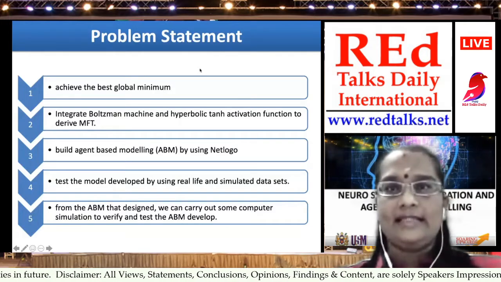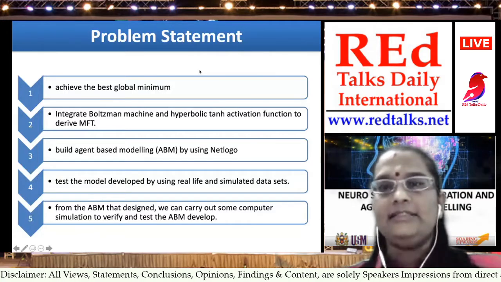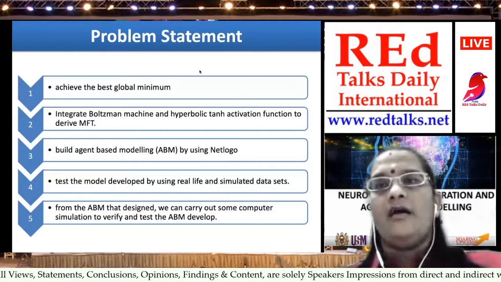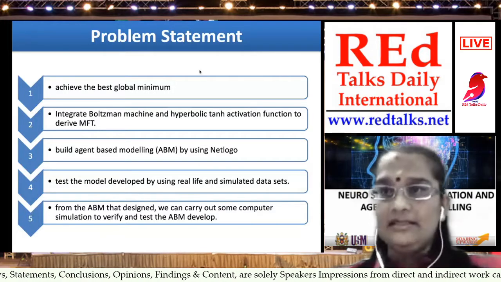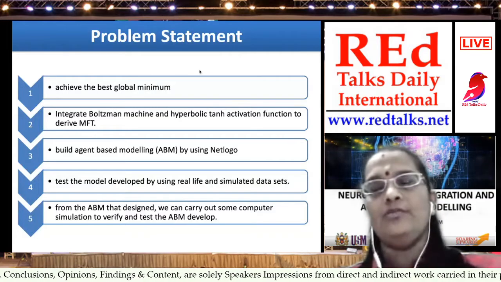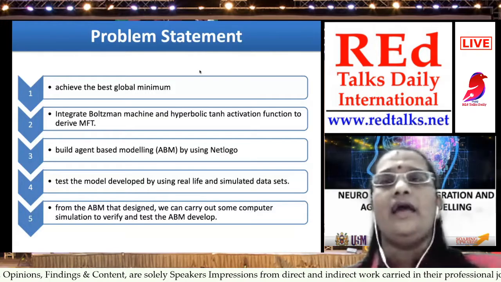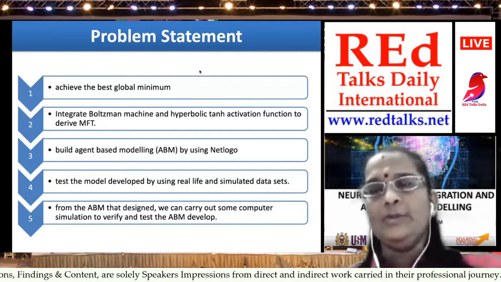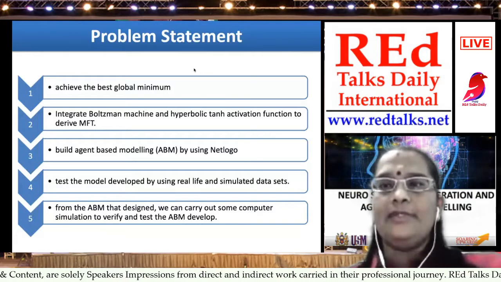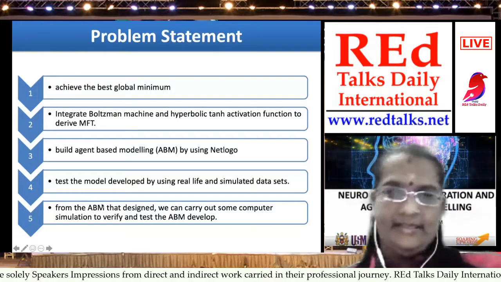simulated data sets. Okay, there are a few ways of testing the performance comparisons on real life and simulated data sets. We are going to use Hamming distance, global minima ratio, RMSE (root mean squared error), sum squared error, Bayesian information criterion, and so many ways we can use to analyze the performance comparisons between the existing and also the integrated method.